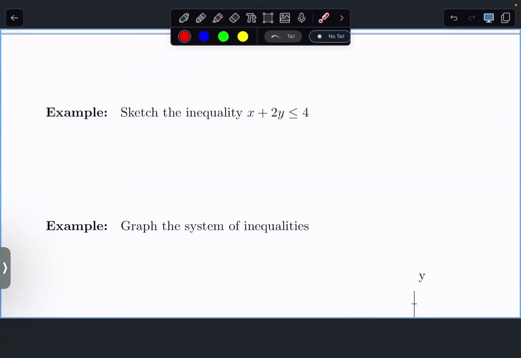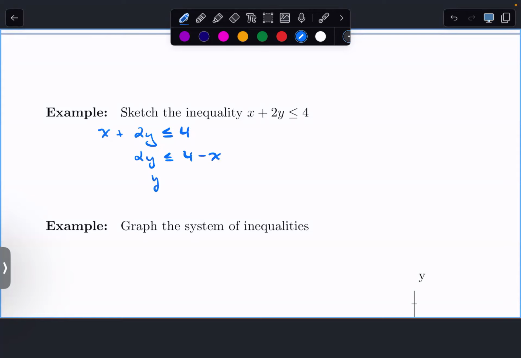So first thing I'm going to do is sketch this. Now it's optional, but let's rearrange this to be y equals mx plus b, right? If I have x plus 2y is less than or equal to 4, solving for y, I get 2y is less than or equal to 4 minus x.